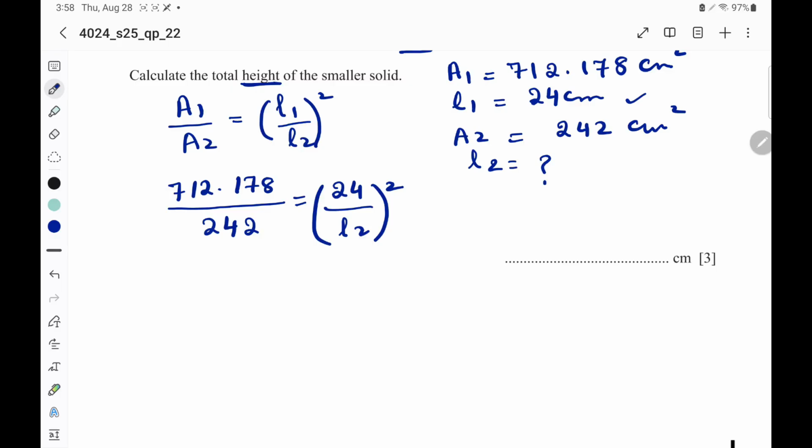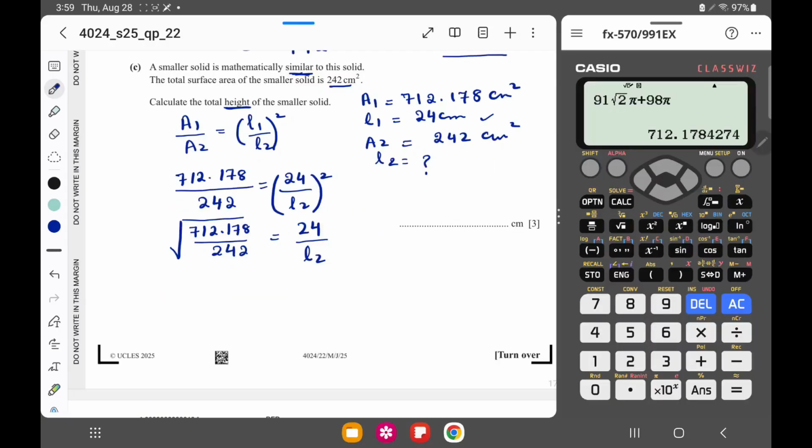Okay, so now use your calculator and find your answer. If I'm removing the square, then I'll have to take out the square root. 712.178 divided by 242 is equals to 24 over L2, so this is the square root of 712.178 divided by 242. Okay, so that is 1.715 is equals to 24 over L2.